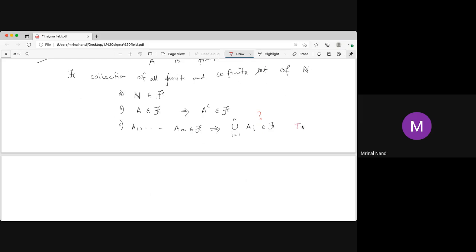Why? We have to prove that. So what do you have to prove? You have to prove that if you have a finite collection of finite and cofinite sets, some finite, some cofinite, then the union is finite or cofinite. Case one: if all are finite, then the union is also finite.